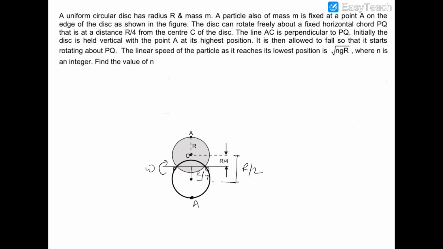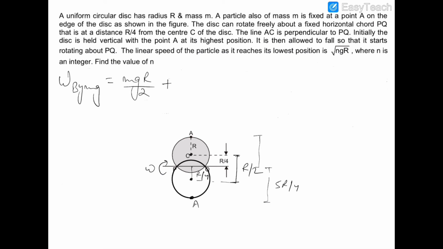So the total distance by which this center has descended is r by 2. So work done by mg on the disc is mg r by 2, as well as this point A, which is initially at a height of r plus r by 4, which is 5 r by 4, is now at a depth of 5 r by 4.